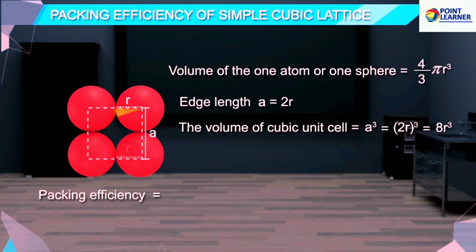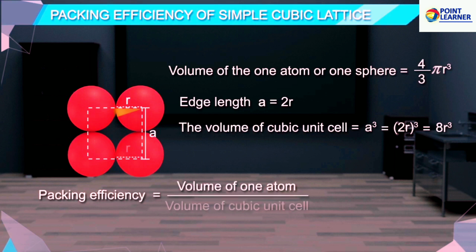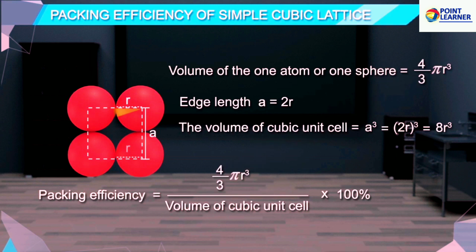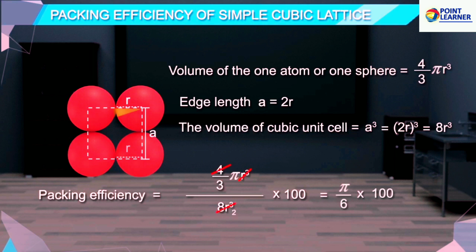Percentage of the space occupied by spheres or packing efficiency is equal to volume of one atom divided by volume of cubic unit cell into 100%. Packing efficiency is equal to 4/3 πr³ divided by 8r³ into 100, which is equal to π/6 into 100.